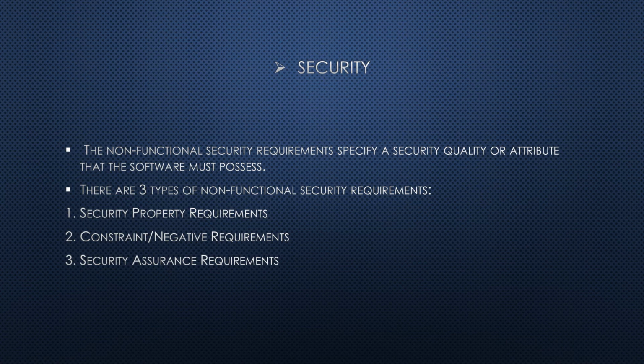The security assurance requirements are rules, best practices, and process by which the software security functions will be built, deployed, and operated. Security assurance requirements will not be translated into elements of the software's design, but into standards, guidelines, or procedures for its development and operation process.